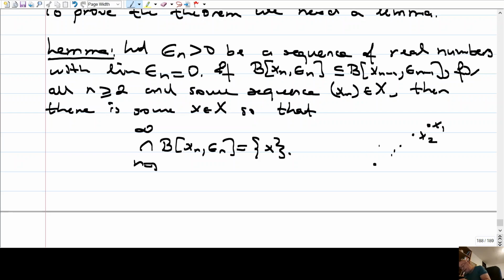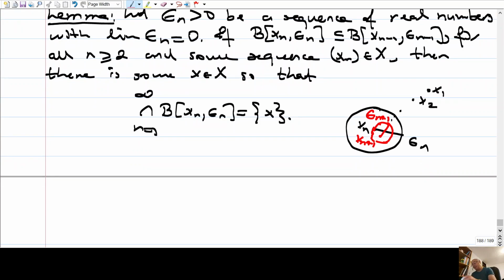I have x_n, and it has, let's say, radius epsilon_n, and inside this I have x_{n+1}, and the radius of this is something smaller, so that this closed ball lies inside the big one, epsilon_{n+1}.